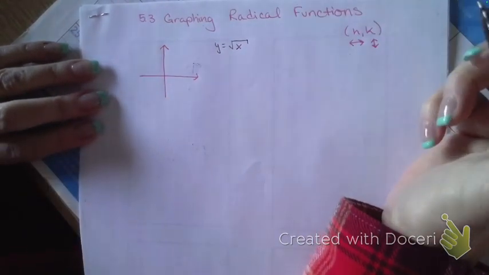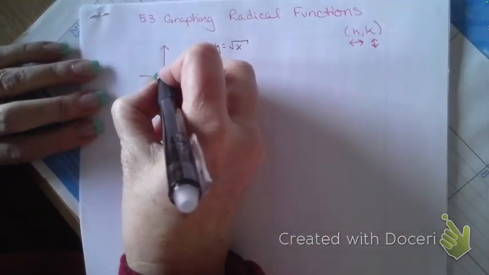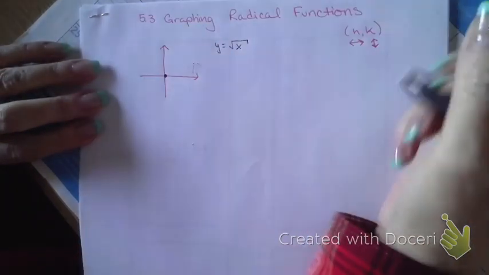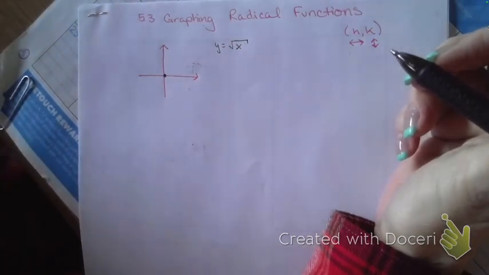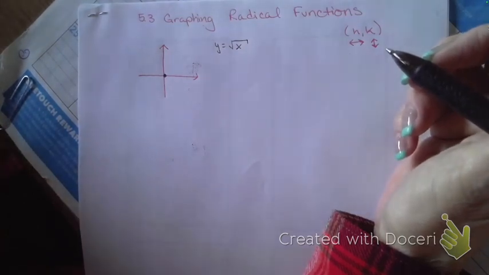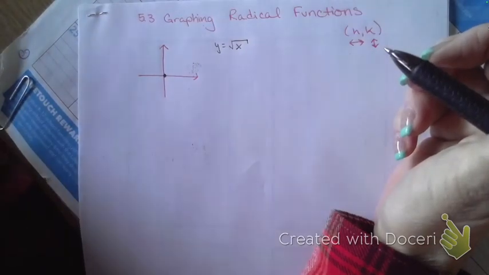What's the square root of 0? 0. The square root of 0 is 0. I didn't say perfect square. We can take the square root of other numbers. They're irrational numbers, but they're real. Okay? So what's the next nice square root?